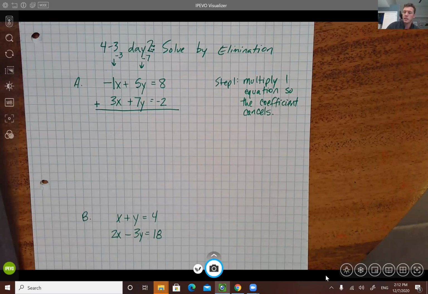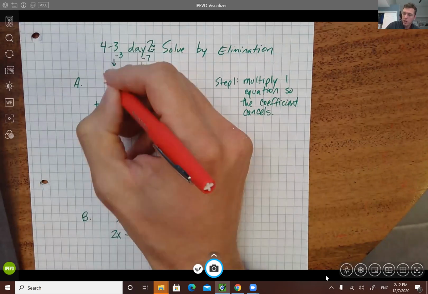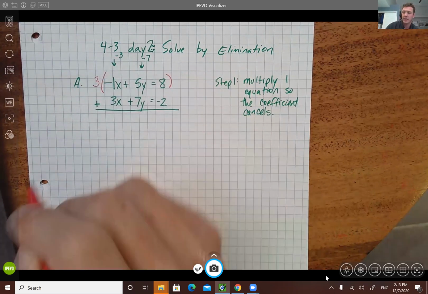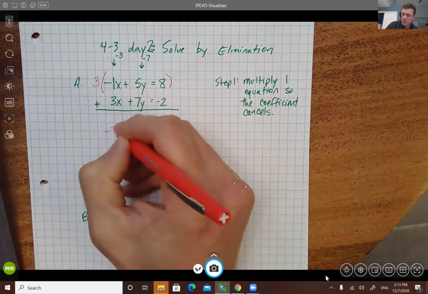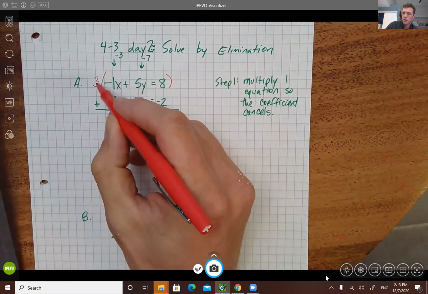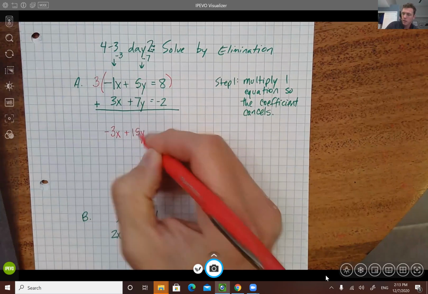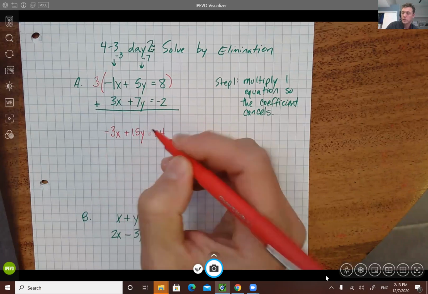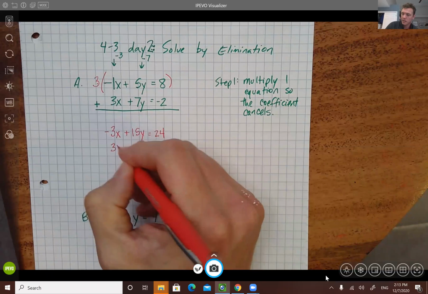Okay, so basically, if I have 3 right here, I can multiply this whole equation by 3. What that does is 3 times -1 is -3x, 3 times 5 is 15y, 3 times 8 is 24. Now I'm going to bring the second equation down.